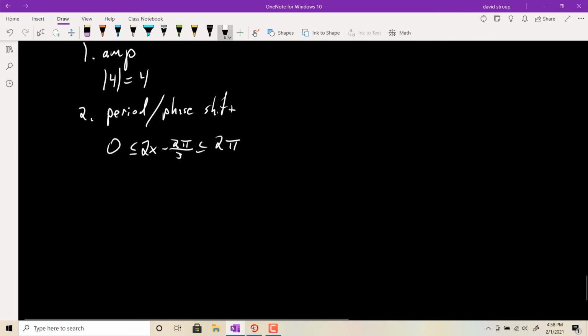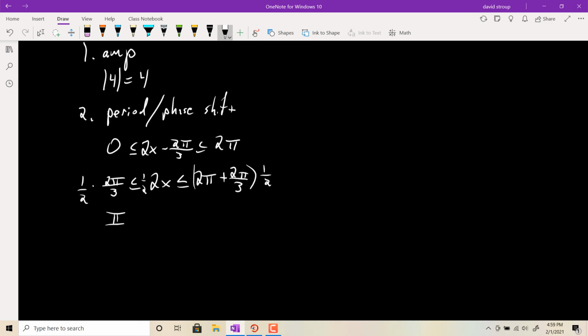So first add 2 pi over 3 to all 3 sides. Avoid actually adding 2 pi and 2 pi over 3 together. Divide everything by 2. In other words, multiply everything by 1/2. So I'll get just pi over 3 is the phase shift.